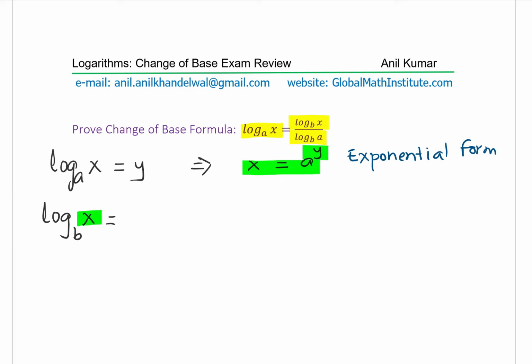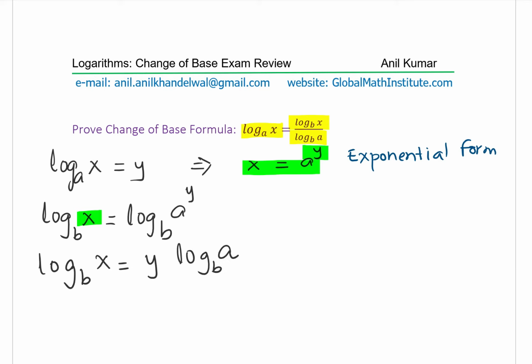If we do this substitution, what do we get? Well, we get log to the base b of a to the power of y, right? Now, we can write using the power rule log to the base b of x as equal to y times log to the base b of a.